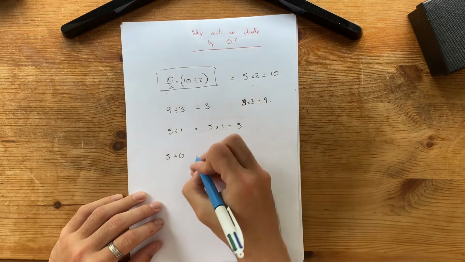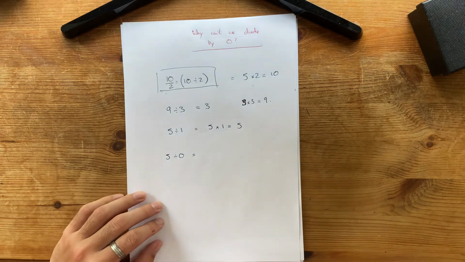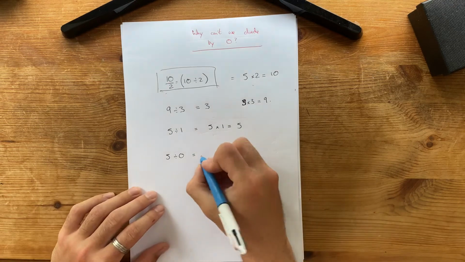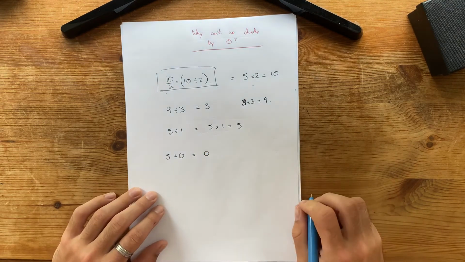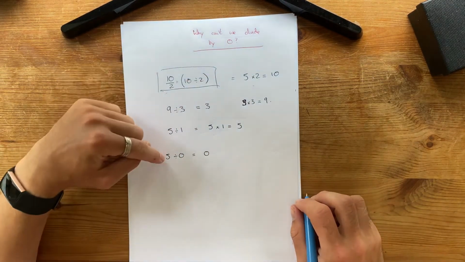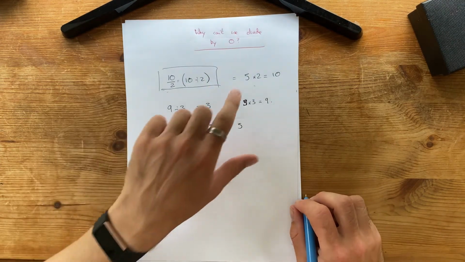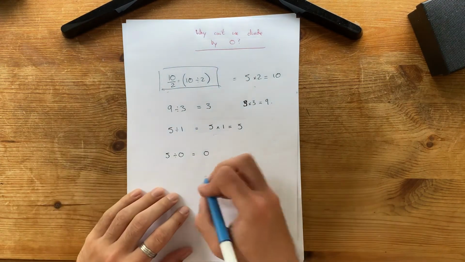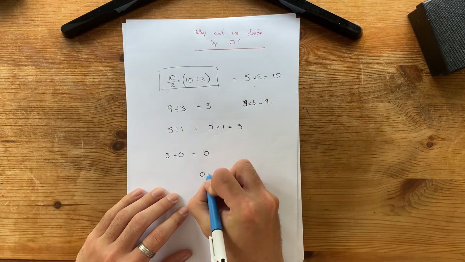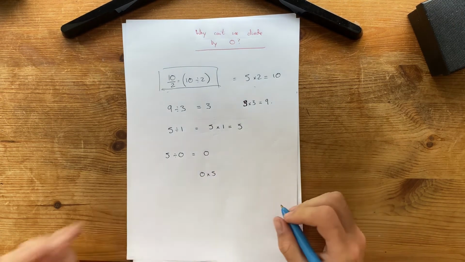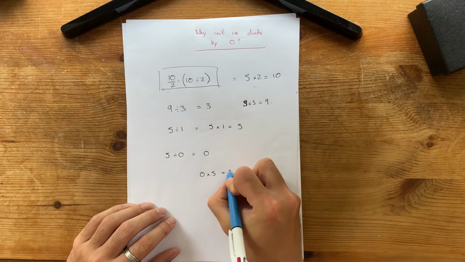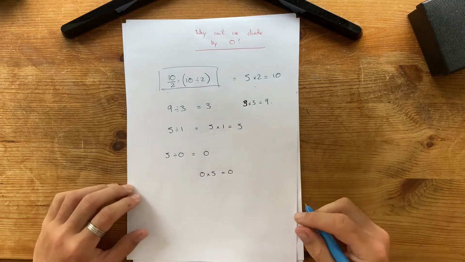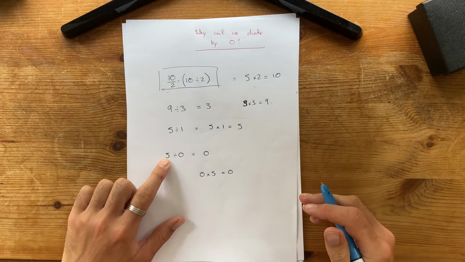And the reason is because if you say, well, it's just 0, isn't it? Okay, it's 0. But we have to work out how to get back to 5. And that means always you multiply the thing that you divided by what your answer is. So that would mean then we get 0 multiplied by 5. And we know that 0 times 5 is 0. And we're caught in this infinite loop where we won't get back to 5.